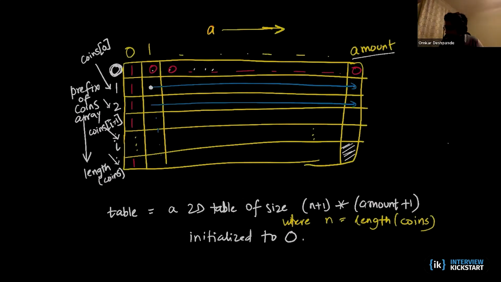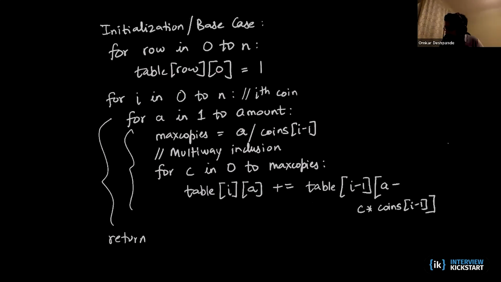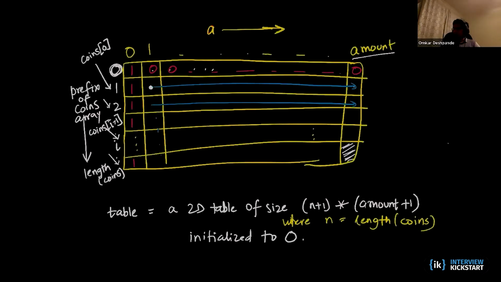So we return the value in the last row, last column. The last row is going to be row n, and the last column is the amount value.